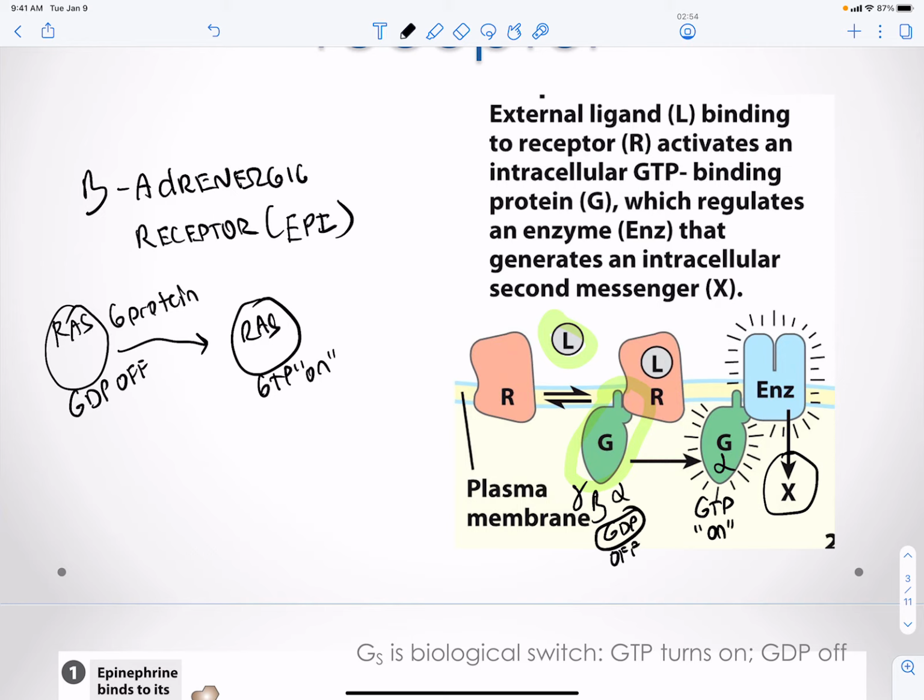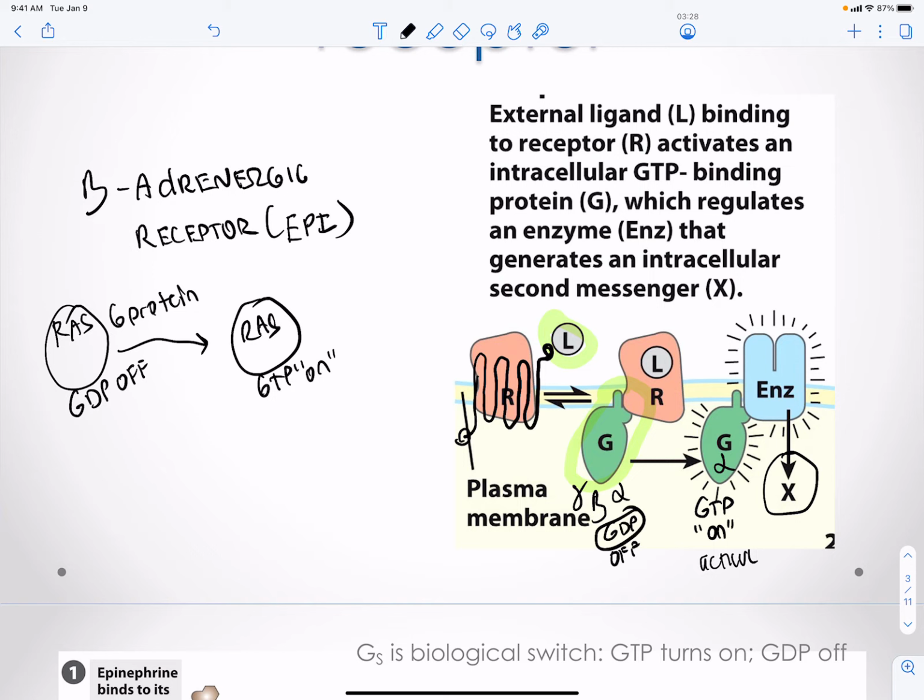Now our G protein receptors have three essential components. They're going to have a plasma membrane receptor with 7 transmembrane alpha helical segments. So basically it looks like a little snake: 1, 2, 3, 4, 5, 6, 7. They're going to have an internal and external side, of course. They always have a G protein that's going to cycle through active, which is GTP bound, and inactive, which is going to be GDP bound.